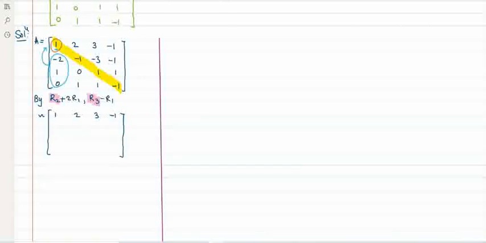For the second row, you have to apply the transformation: multiply by 2. If required, I will write here. Just a minute, something I wrote wrong. R2 is -2, -1, -3, -1, and 2R1 is 2, 4, 6, -2.